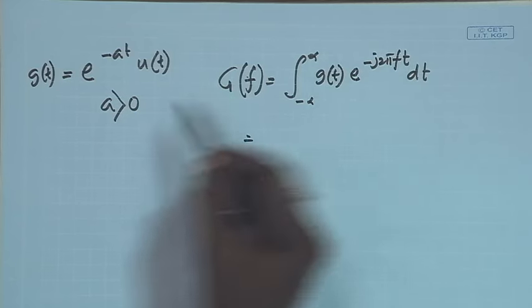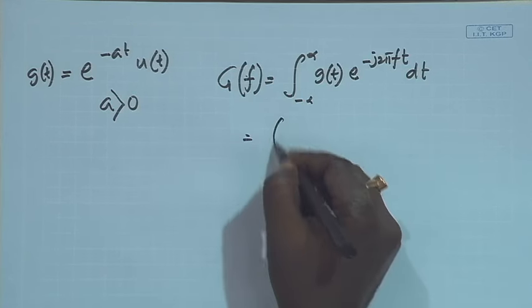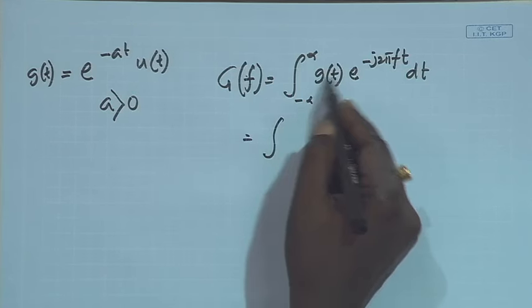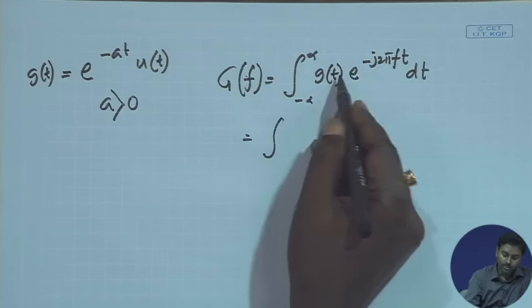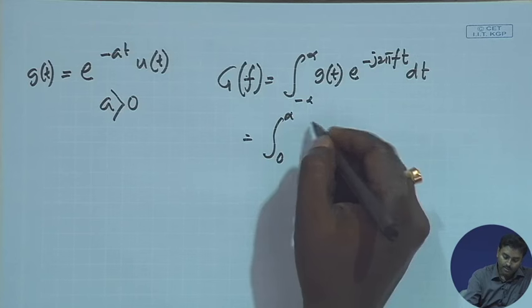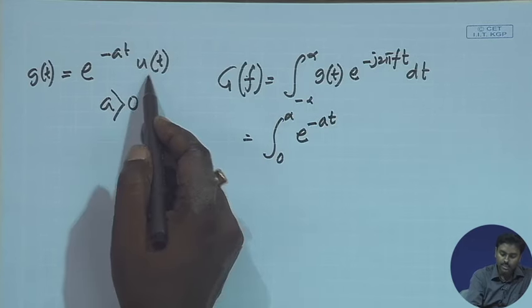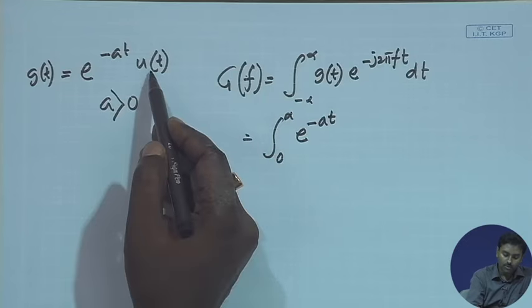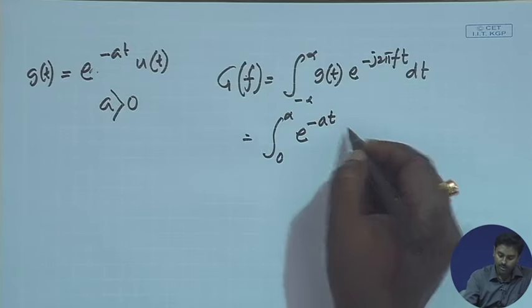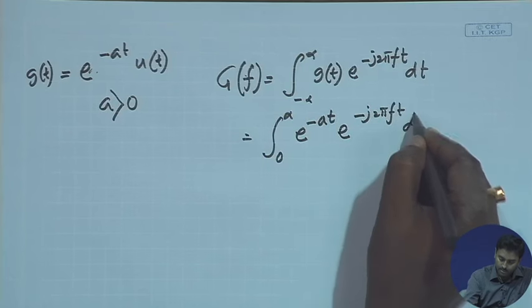Now, g(t), because of u(t), is defined from 0 to infinity only. So, this integration from minus infinity to 0 will be all 0, and it should be evaluated from 0 to infinity. Now g(t) becomes e to the power minus a t, because for t greater than 0, u(t) is always 1. So, it gives me this value times e to the power minus j 2 pi f t dt.